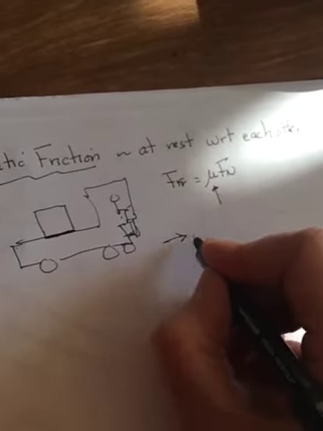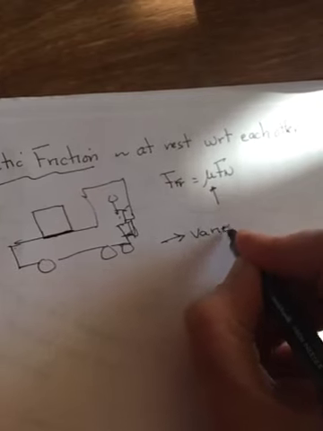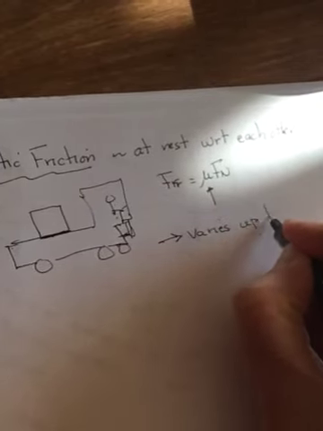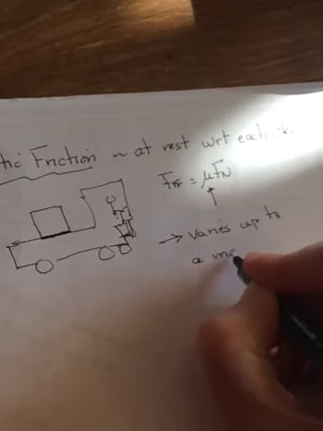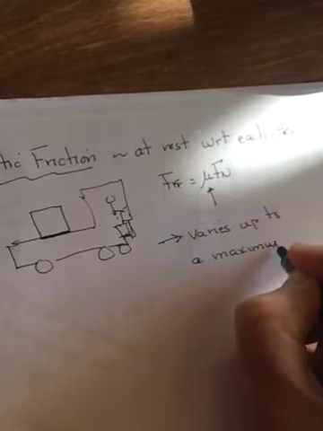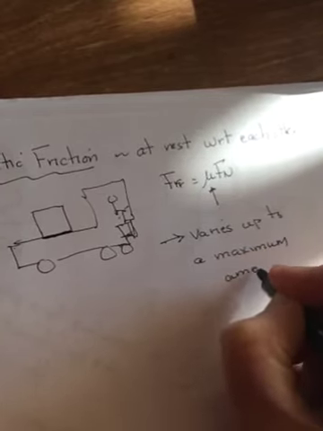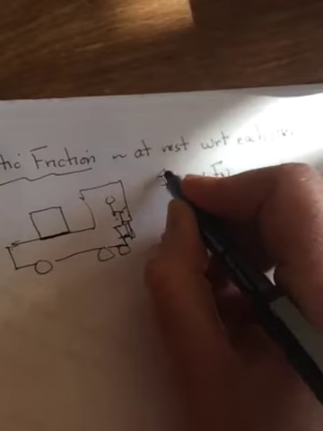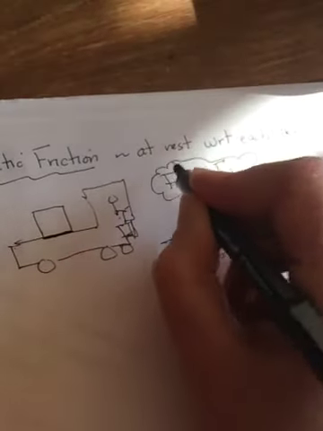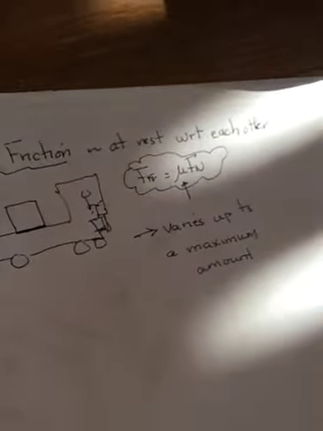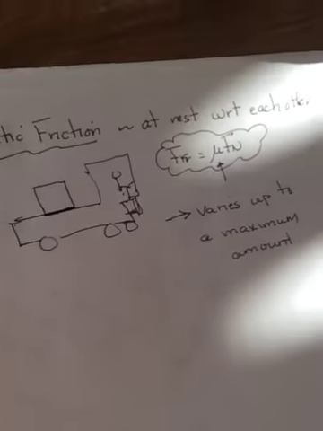Static friction varies up to a maximum amount. And that maximum amount is what we find when we calculate static friction using this equation. This is the maximum it could be. Okay, but it doesn't have to go that big.